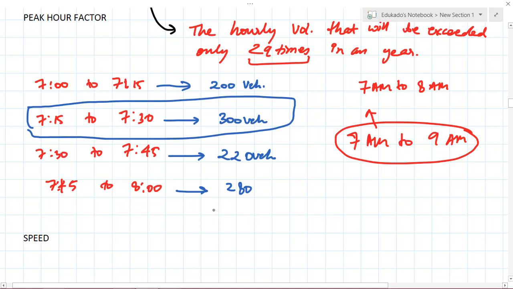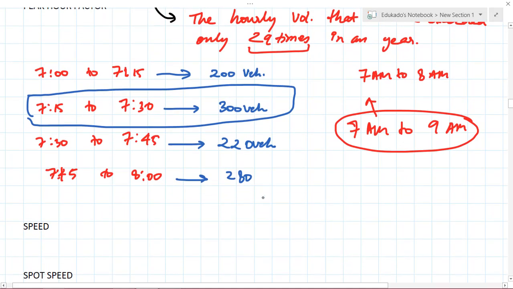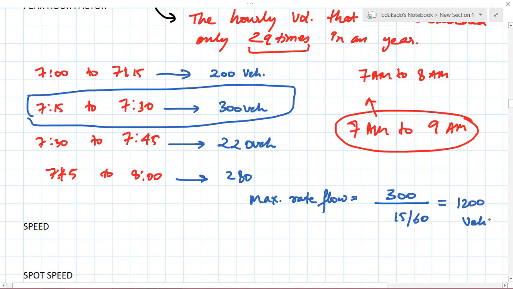So what we do is we try to calculate the maximum rate of flow. The maximum number of vehicles is 300, and you're getting it within a time frame of 15 minutes. So we convert it to an hourly basis, which gives 1200 vehicles per hour.